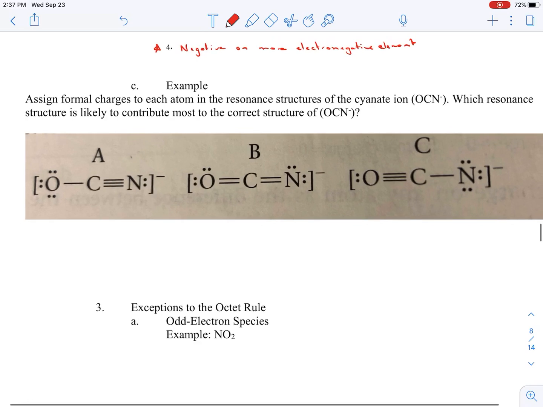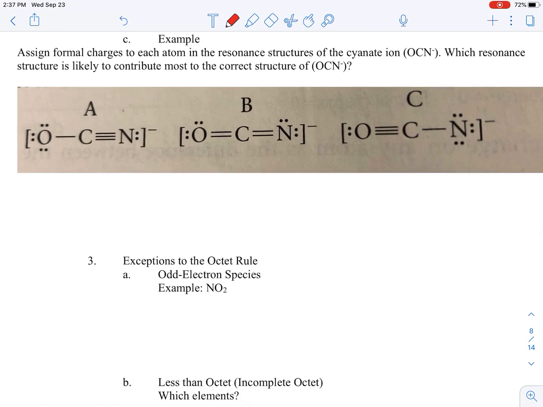We have OCN, the cyanate ion, OCN minus. Which resonance structure is the one that's most likely? So we're trying to find, using formal charge, which one's most likely. We're going to start with O, and remember, it's each atom in a structure.